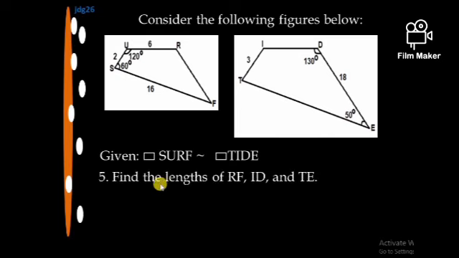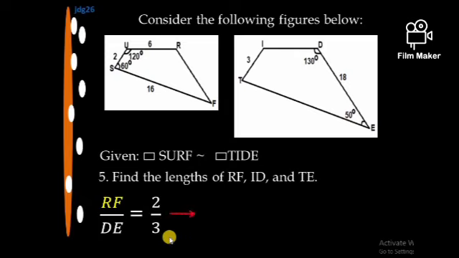Number 5. Find the lengths of RF, ID, and TE. Let's start with RF. Hanapin muna natin kung nasaan yung RF. So, nandun siya sa smaller. Ang corresponding side ng segment RF ay si segment DE. Therefore, we have RF over DE, and this is equal to the scale factor, which is 2 over 3.